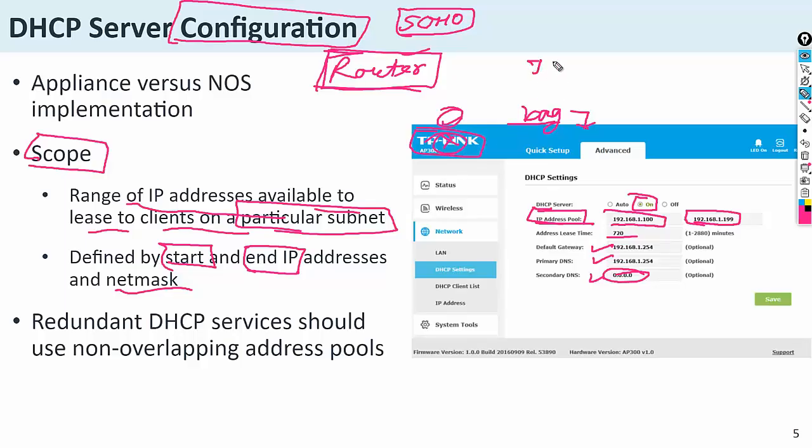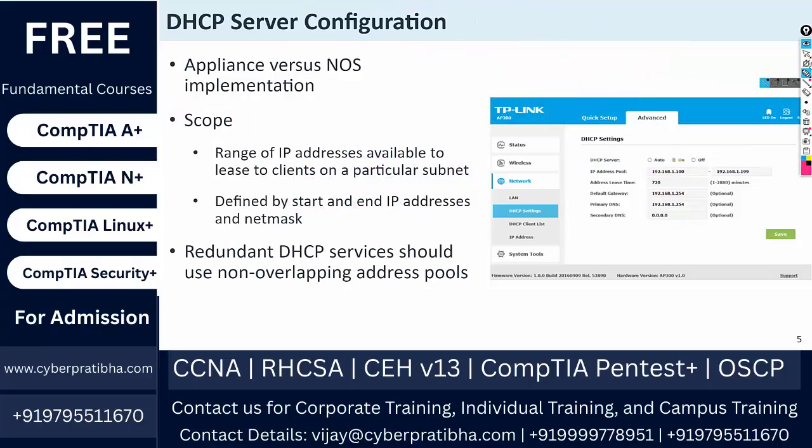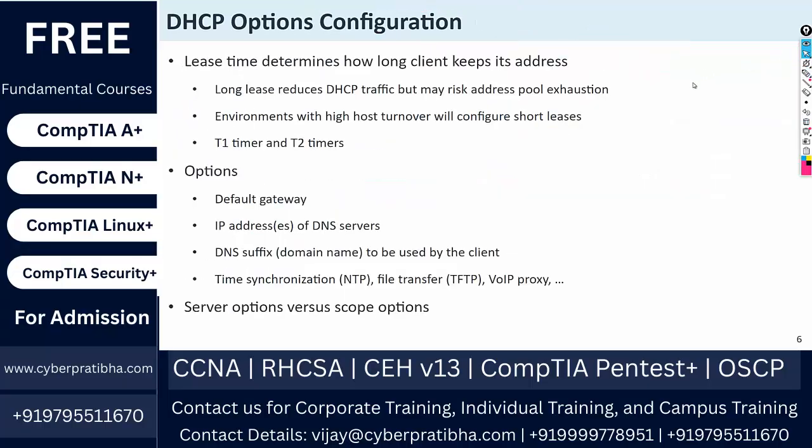So yes, if available, then you can put another server, where you will get some information, and this pool should not overlap. Means you cannot put the same pool in the first DHCP server as well as in the second DHCP server. So every time the pool will be unique.